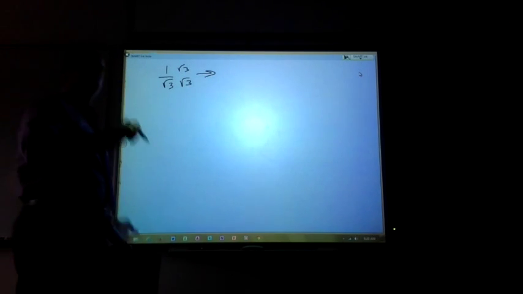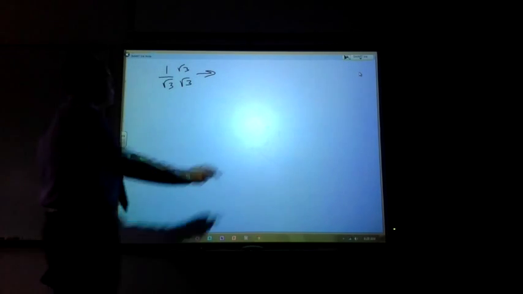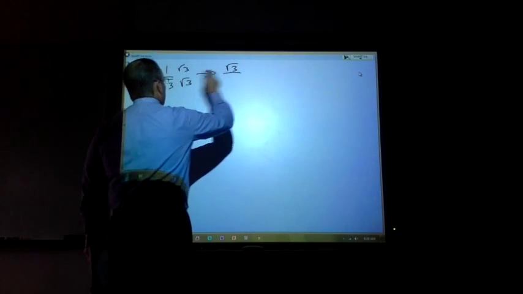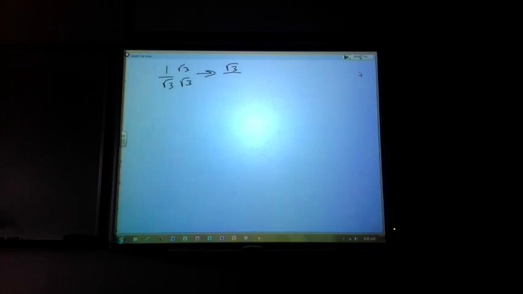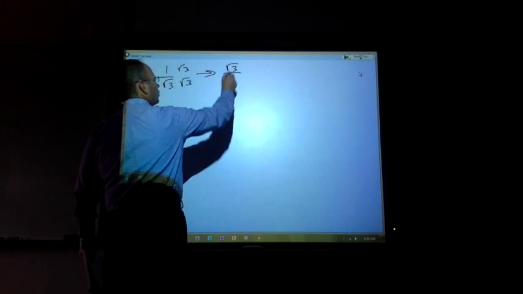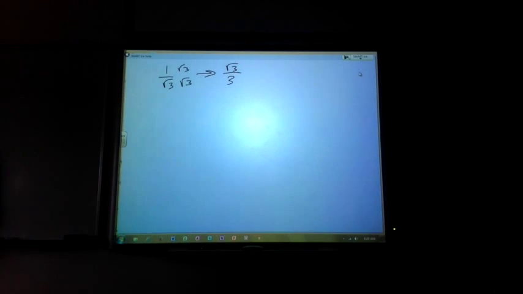Is 1 times root 3 the same thing as root 3? Root 3 times root 3 is root 9. What's root 9? 3. Can I reduce this 3 with this 3? No. Why? Because it's root 3. One's in a radical and one's not. They're not like terms. Okay?